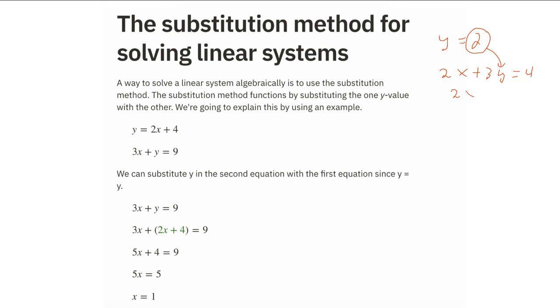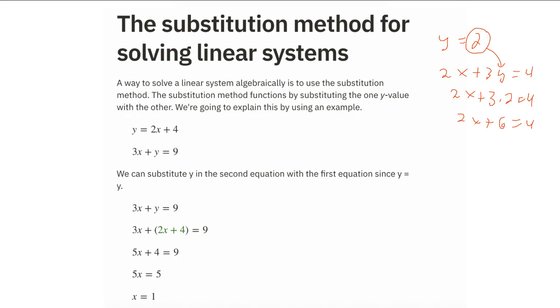And then you'd go 2x plus 3 times 2 is equal to 4, and 2x plus 6 is equal to 4. You subtract the 6 off. This is what's called substitution. When you know what something is equal to, you substitute it in.